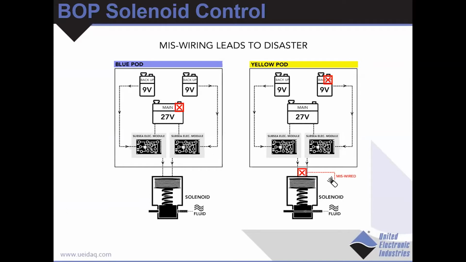They have battery backups in case of loss of power from the top side. So what happened on the Deepwater Horizon is on one side, the solenoid was miswired, and we can see the main battery was shorted. So the main battery is dead. On the other side, again, there was a miswiring, so we have another dead battery.